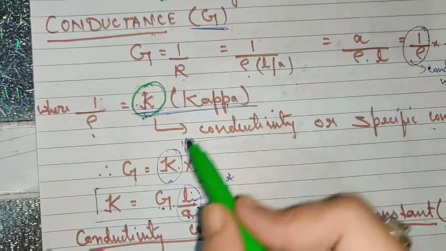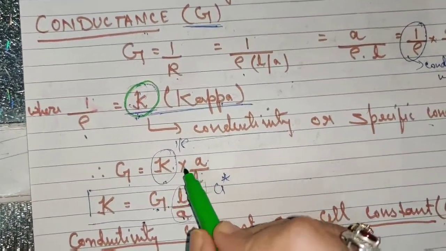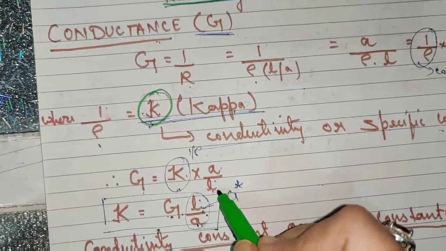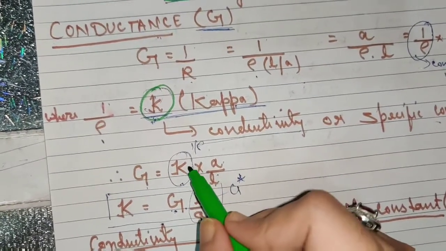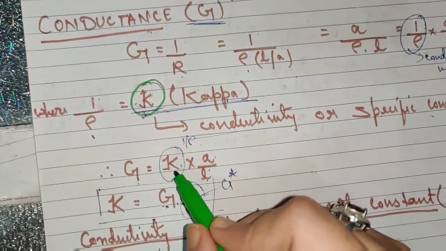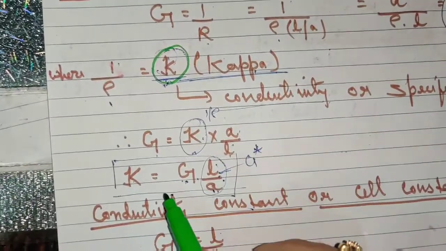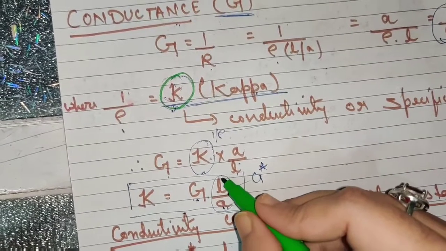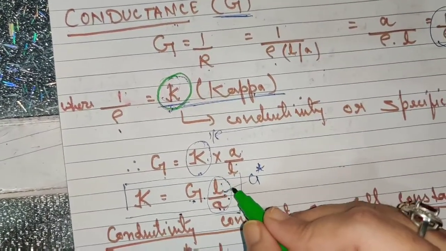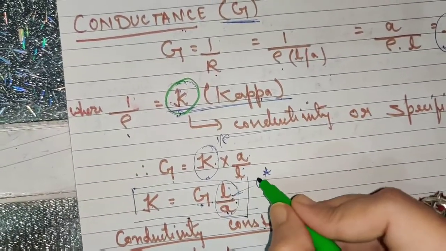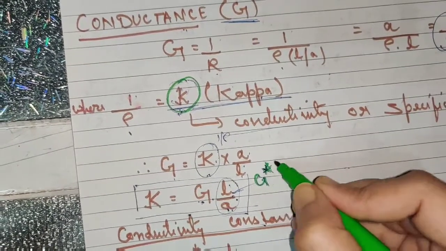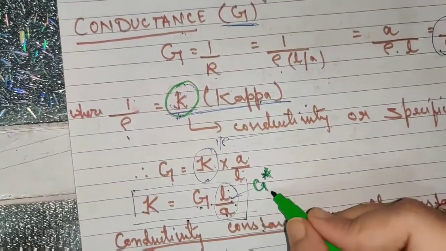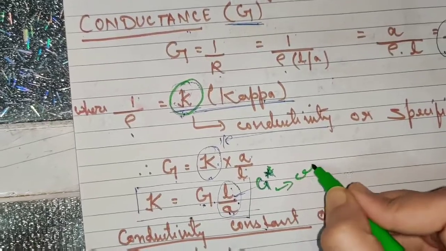That means 1 upon rho can be written as kappa into A upon L. If you make kappa, or specific conductance, the subject of the formula, it can be written as G L upon A. Now when you write this formula, another very important term comes in front of you, that is G star. This L upon A is known as G star, which is the cell constant.